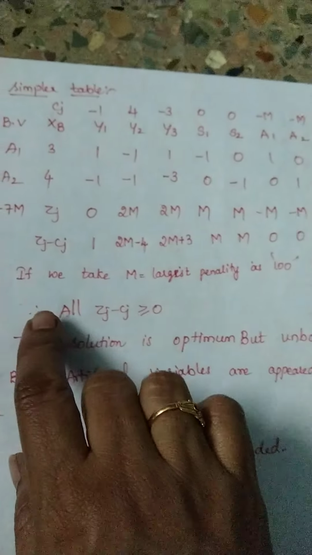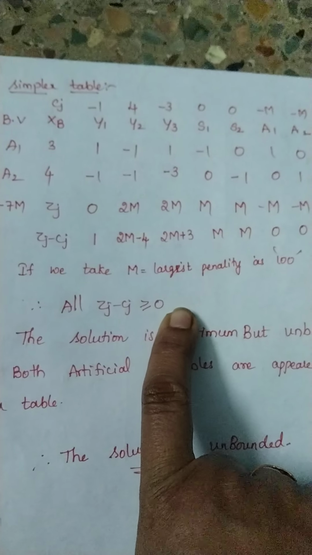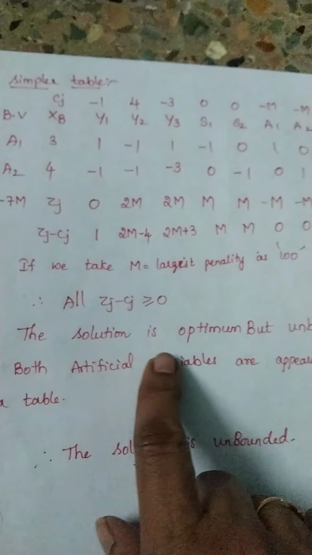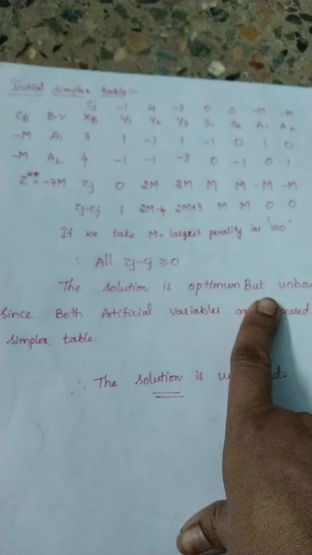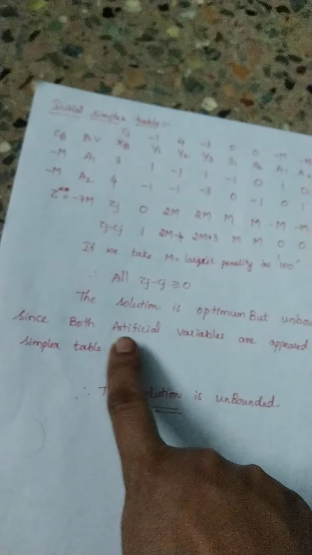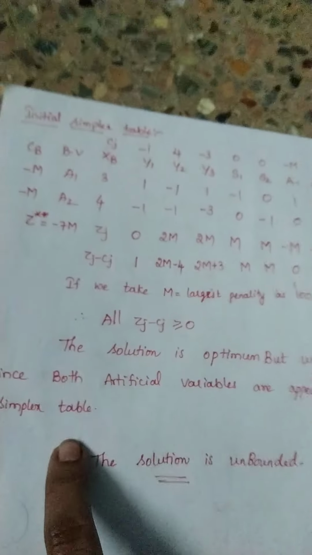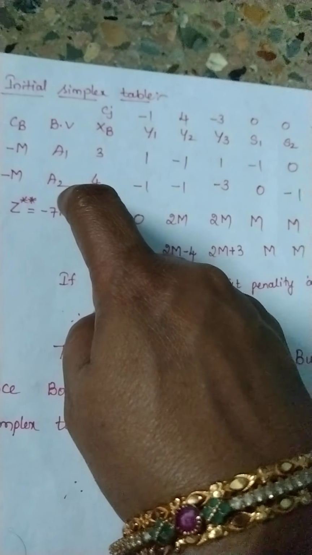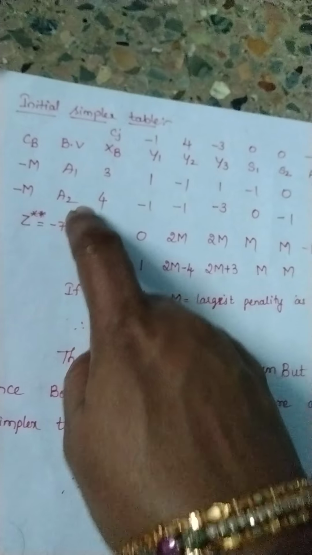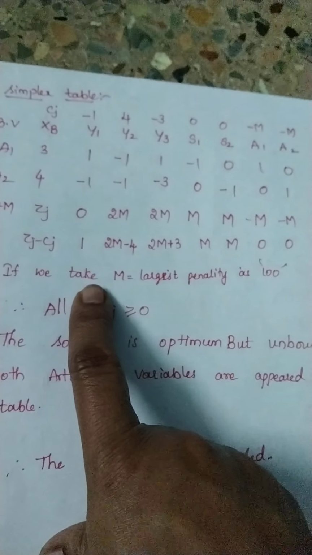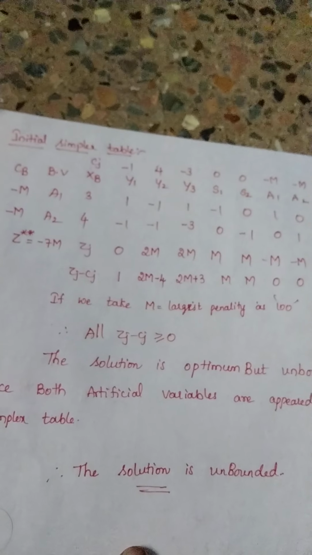So here all Zj minus Cj are greater than or equal to 0. Since the solution is optimum but unbounded. Why is it unbounded? Since both the artificial variables have appeared in the simplex table. See, no artificial variable is an outgoing variable, but the optimality condition is satisfied. Hence, it is an unbounded solution.